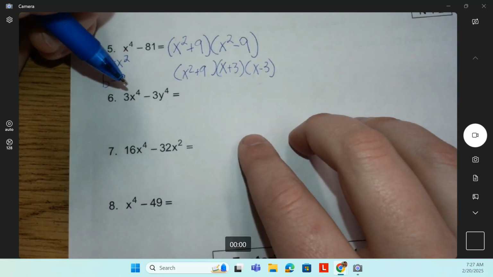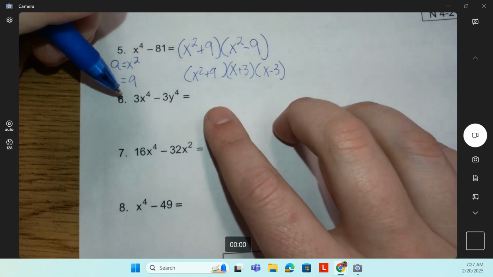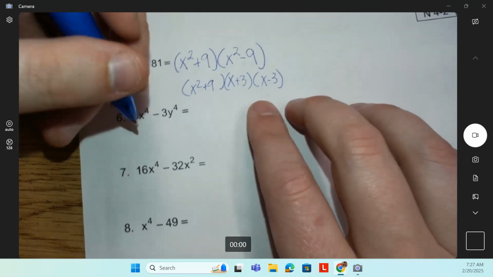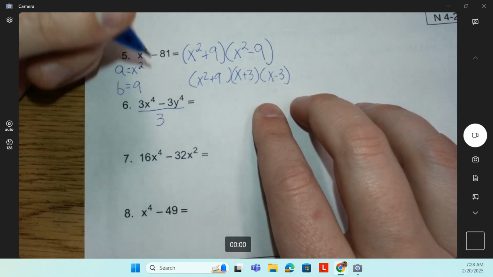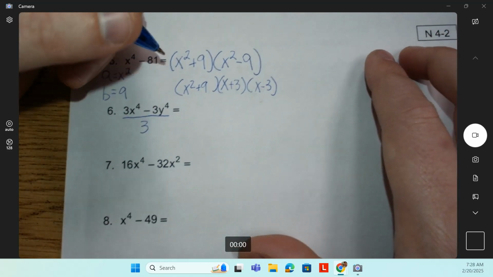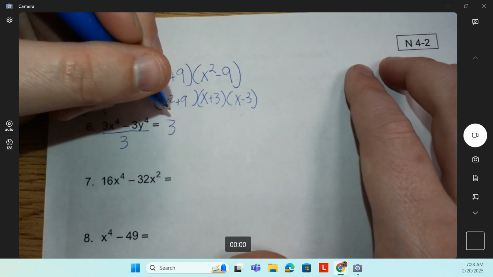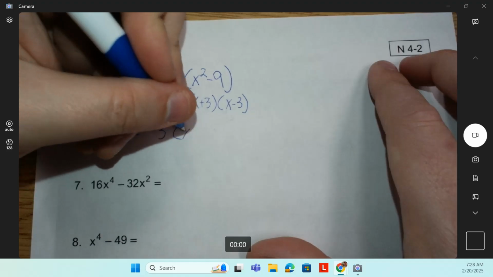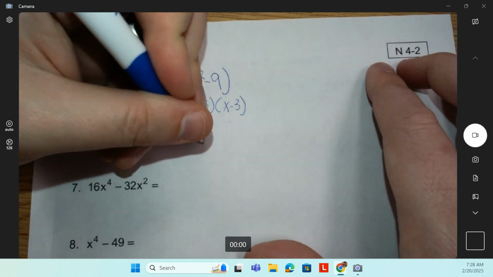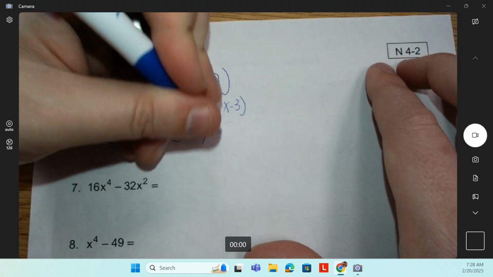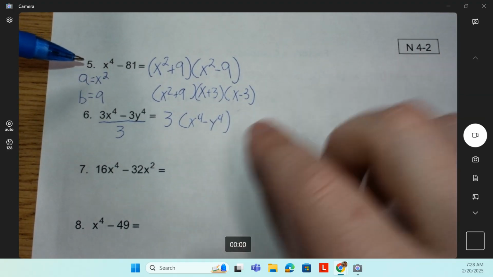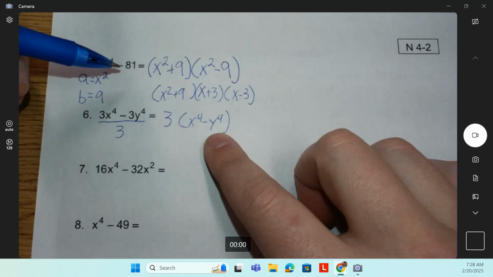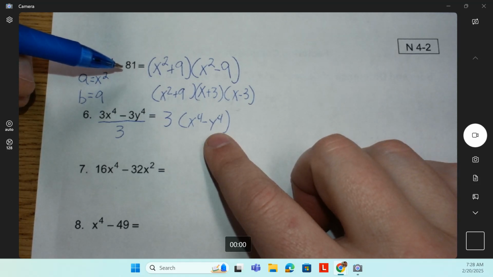So let's look at a couple more of these. On number 6, I have the greatest common factor of 3. And so when that pulls out to the front, I'm left with x to the fourth minus y to the fourth, which is really the same as number 5 now. This would have just been 3 to the fourth power for 81.